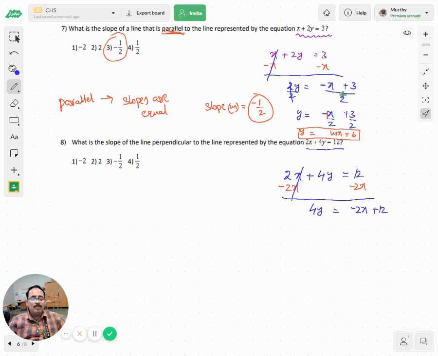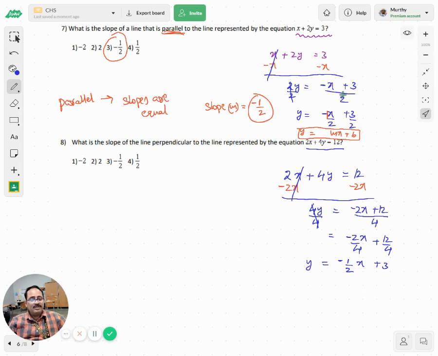Then how to eliminate 4, how to detach 4 from y? The opposite is division. So division by 4 on both sides. Don't forget to separate the denominator, like 2x over 4 and 12 over 4. After the simplification, 2 over 4, you can type it on the calculator, you'll end up with negative half plus 12 over 4, that gives us 3.